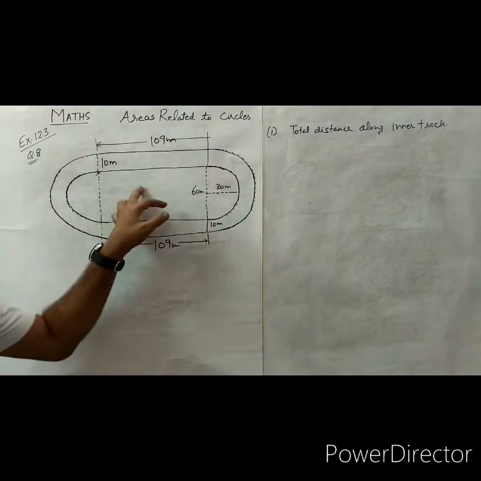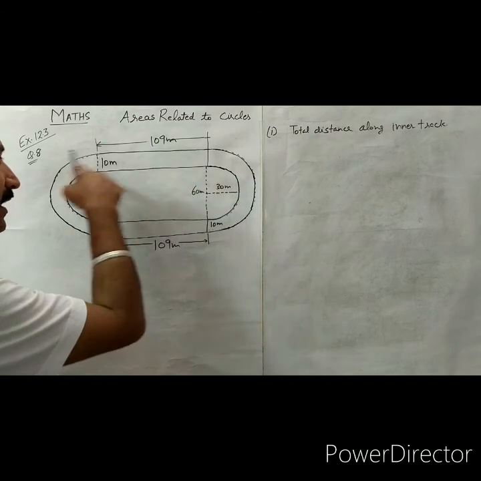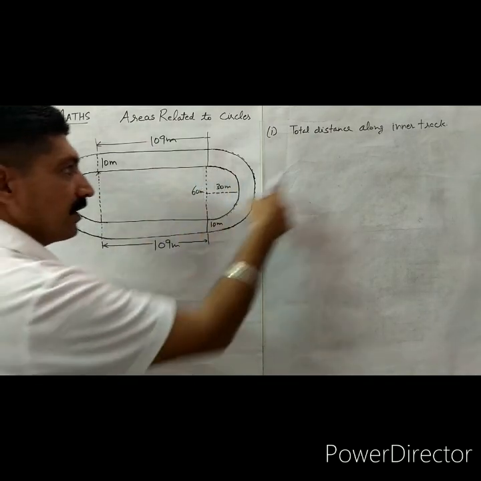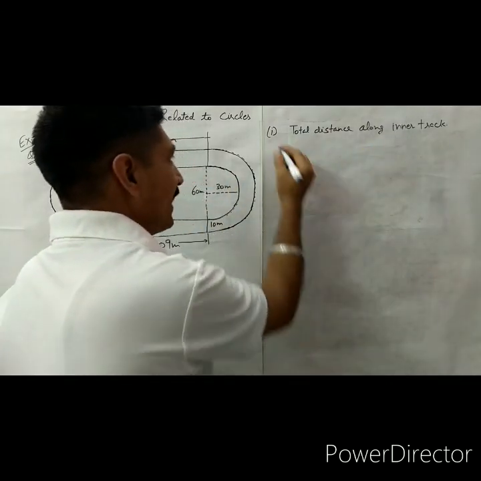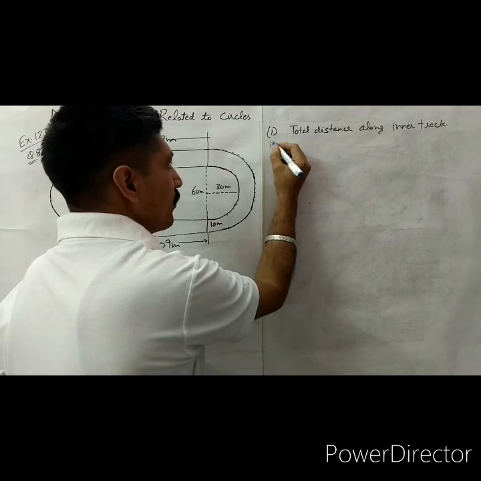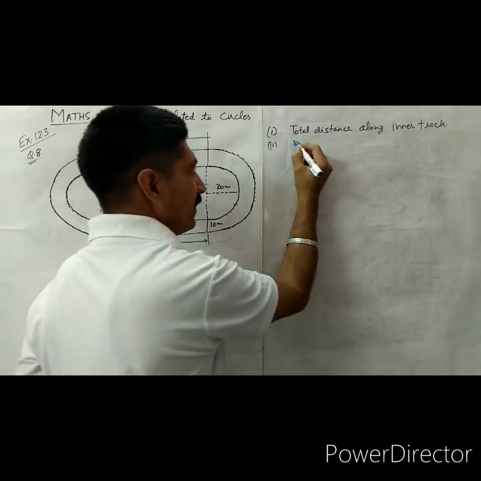So in the first part, we have to find the complete distance along the inner track, and second, we have to find the area of the inner track.